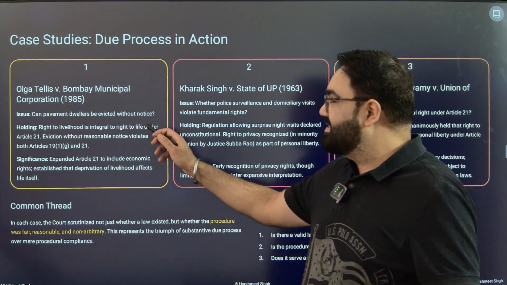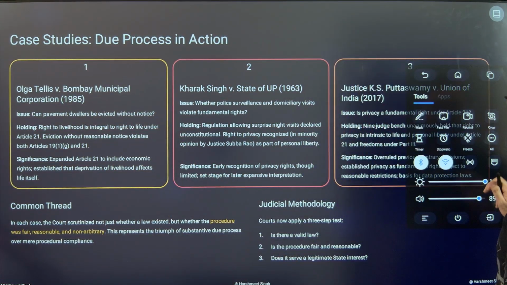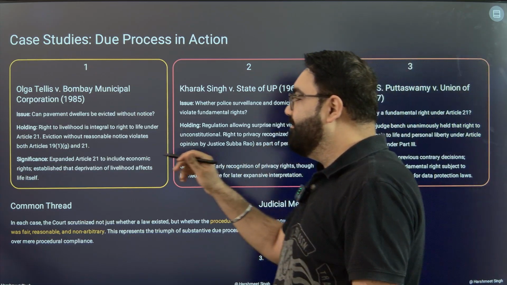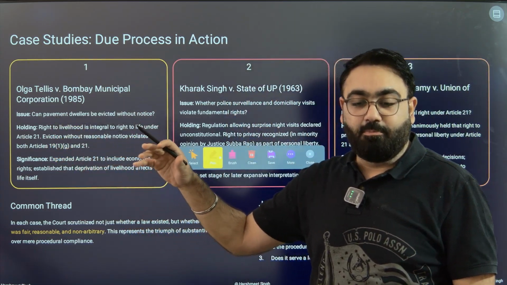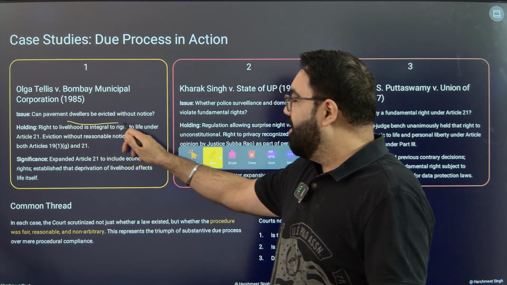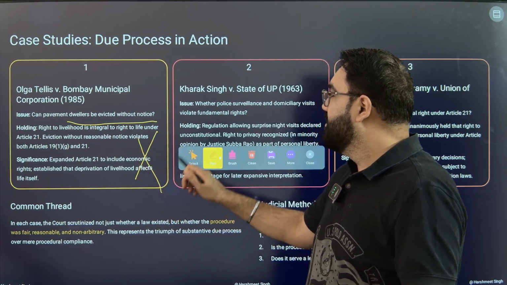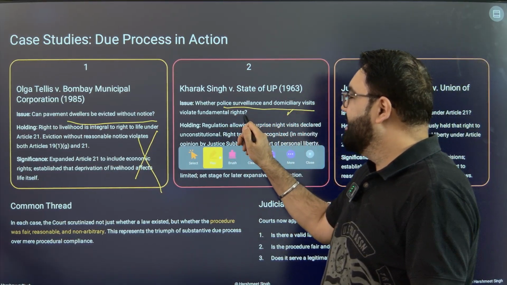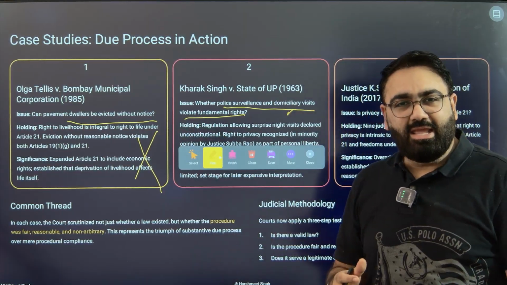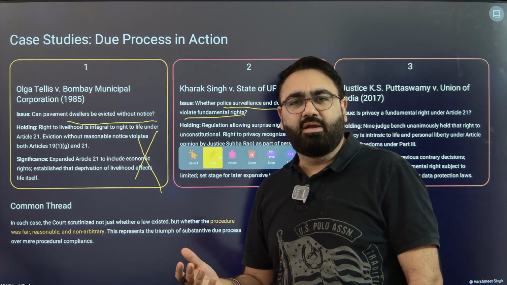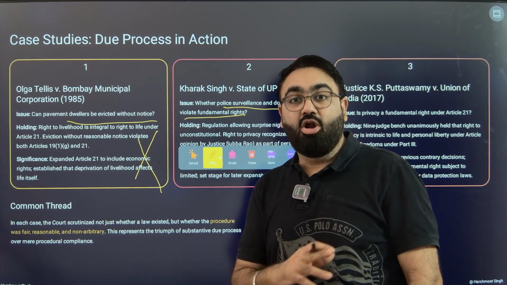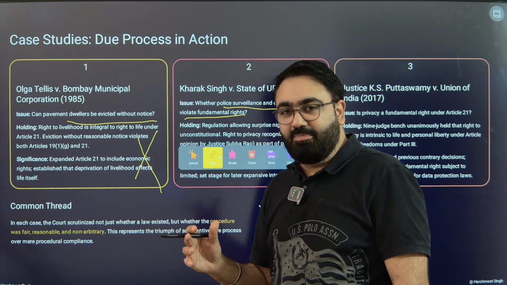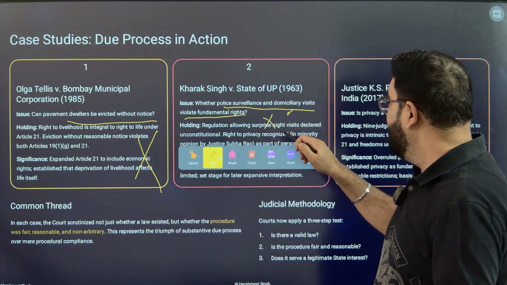The Olga Tellis case, as I was telling, the question in this case was, can pavement dwellers, meaning people living on the footpath, be randomly evicted without notice? Supreme Court said no. Can police surveillance and visits to places at night be said to be a violation of fundamental rights? Supreme Court said yes. You cannot randomly visit people's places at night. This is again a violation of fundamental right.